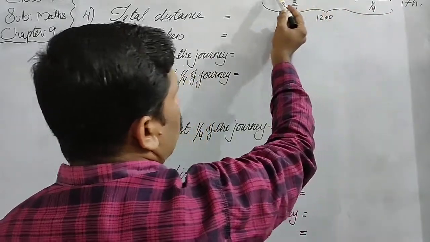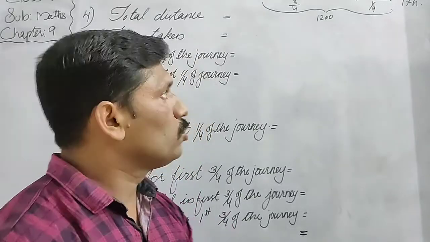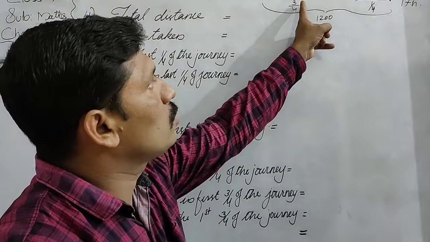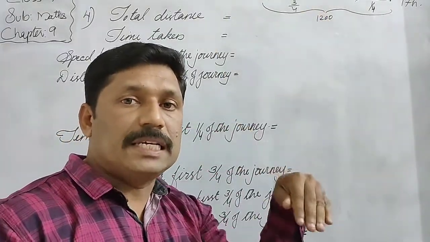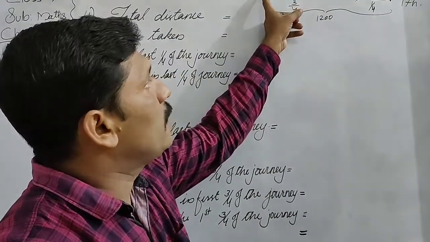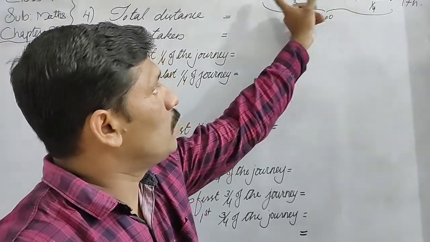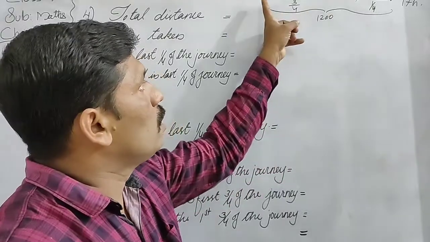Then what is the speed in the first 3/4 of the journey? So here speed we want to calculate from here to here. Speed is equal to distance by time. So we must find out what is the 3/4 of the journey, how much distance it was. So distance we have to find out, and time also.